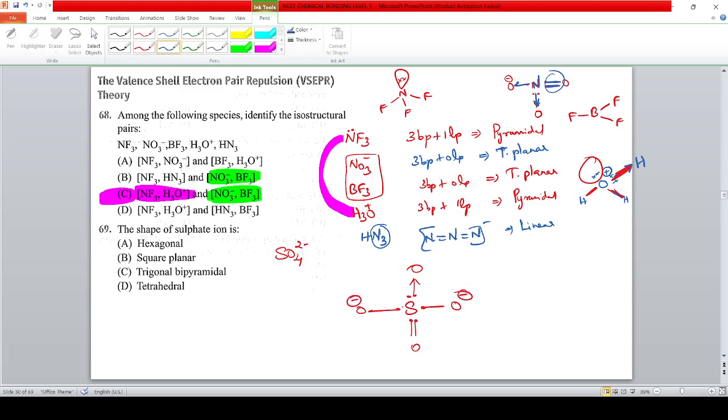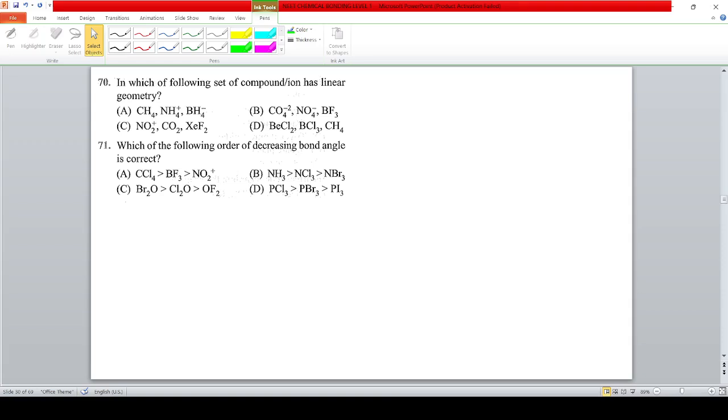So this is called SO4 2 minus. So around the sulfur, how many bond pairs? This is a bond pair. This is second bond pair. This is third bond pair and this is fourth bond pair. So there are 4 bond pairs and 0 lone pair because sulfur has donated all of its electron. So 4 bond pairs and 0 lone pair means it is pakka tetrahedral, sir. So the answer for the question is option B.